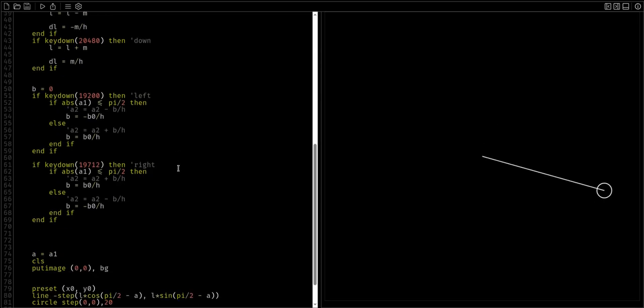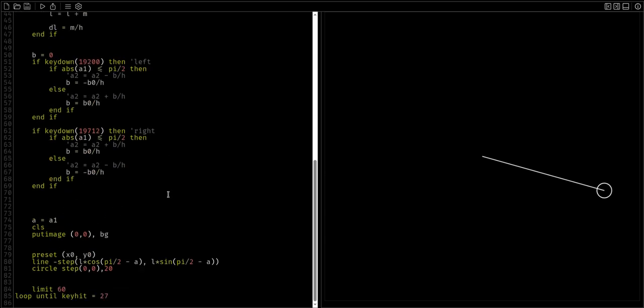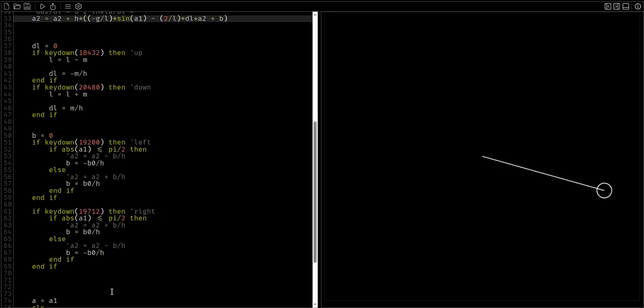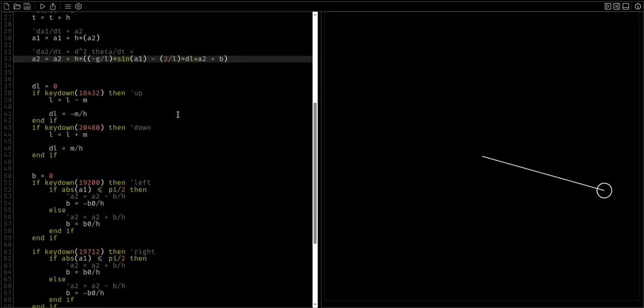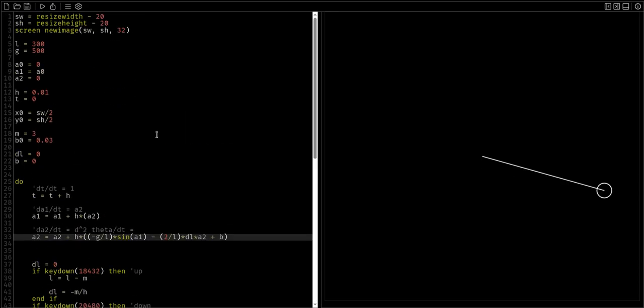So the next thing I want to do is analyze this system in phase space.